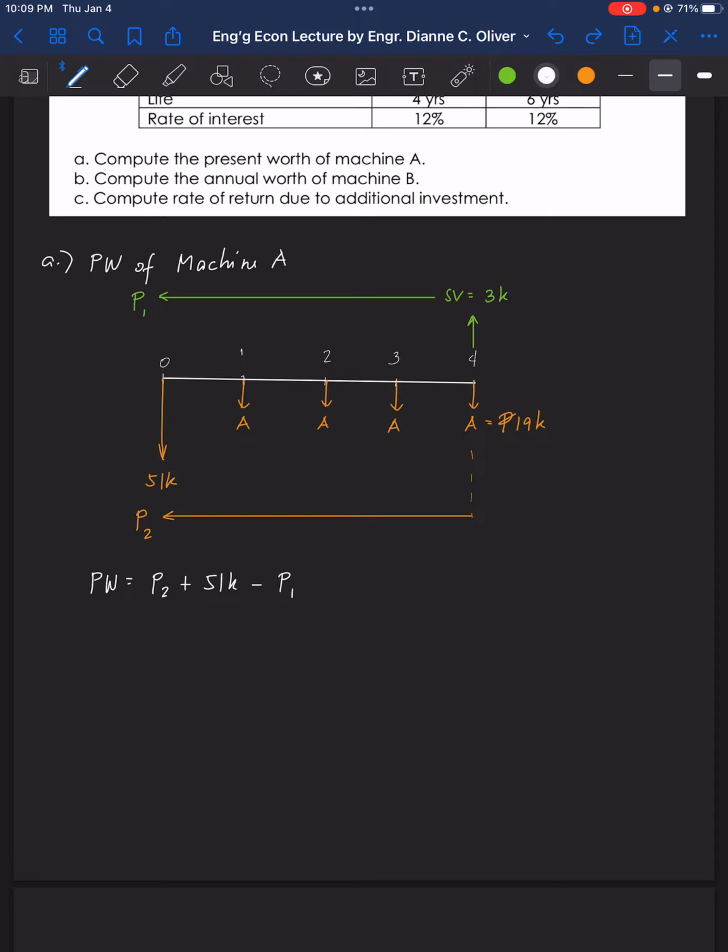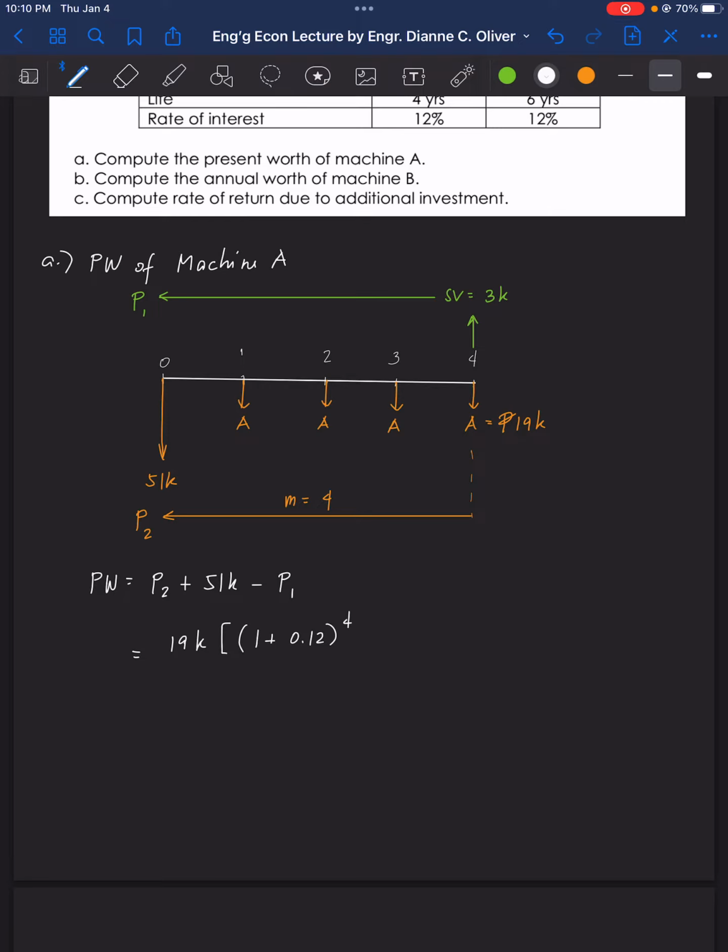This is equal to the P2 will become 19k, present worth of annuity, 1 plus the I here is 12%, 0.12 raised to how many annual payments? That will be 4 annual payments.